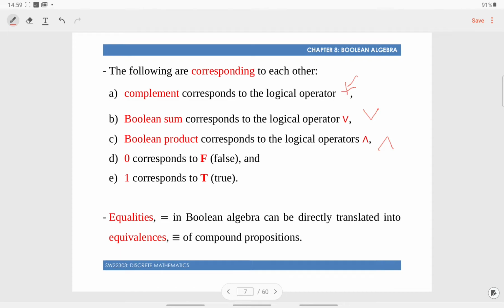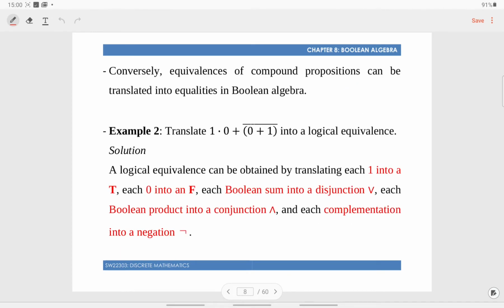So equalities in Boolean algebra can be directly translated into equivalence. We have these triple horizontal lines representing the equivalence relation of compound propositions. Conversely, equivalence of compound propositions can also be translated into equalities in Boolean algebra.